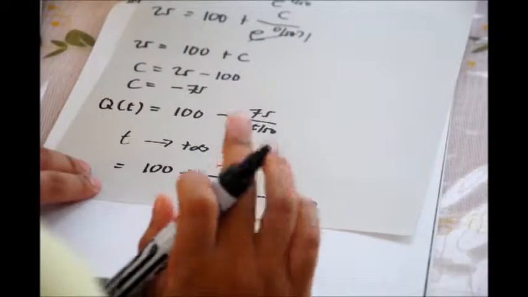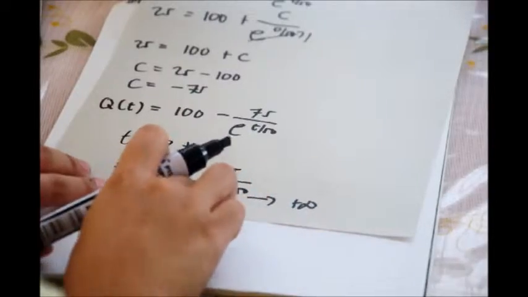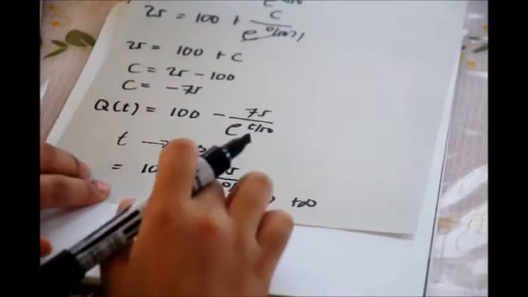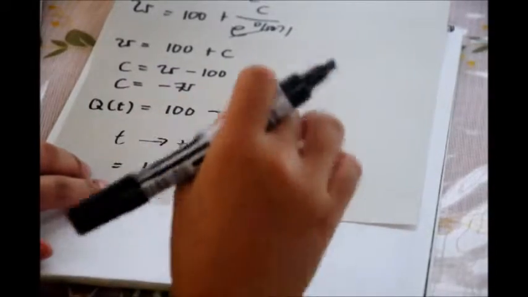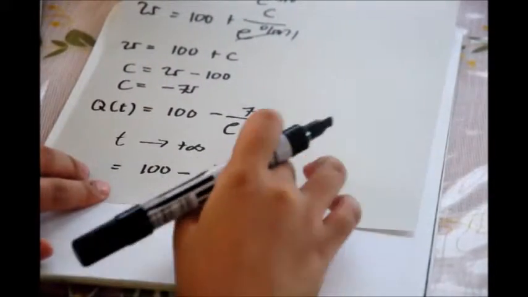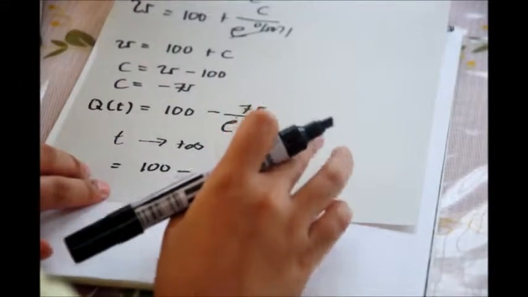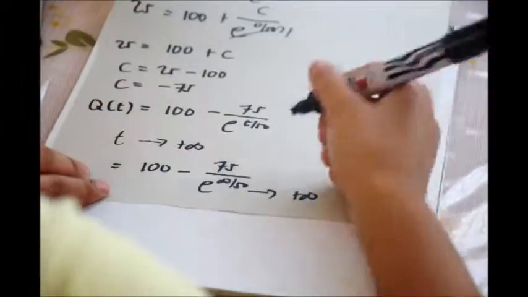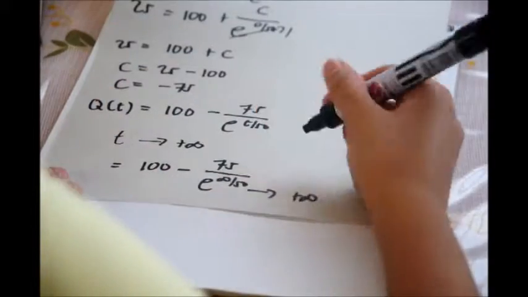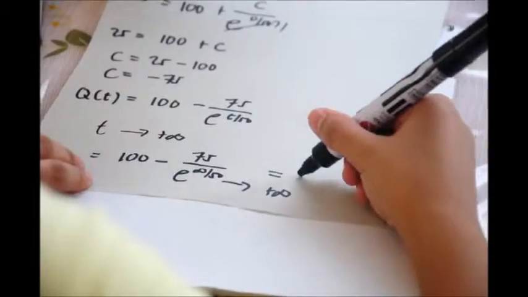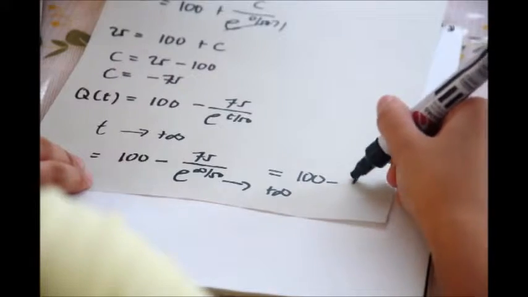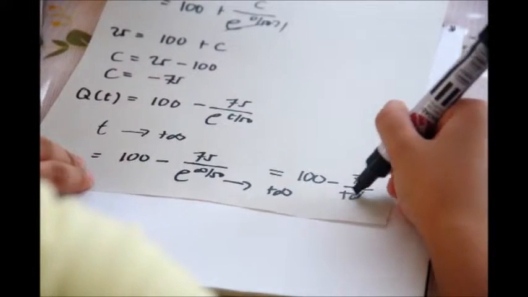So as t approaches positive infinity, the value of this becomes smaller until it reaches around 0. So eventually it would become 100 minus 75 over positive infinity.